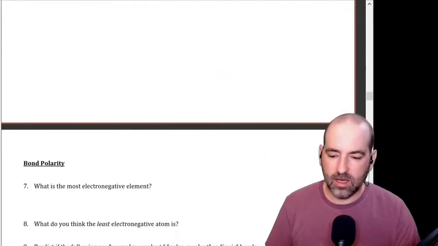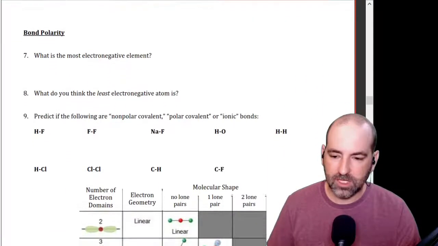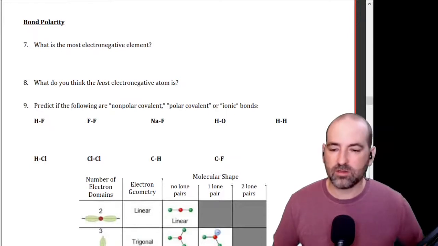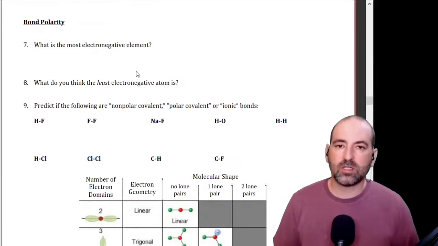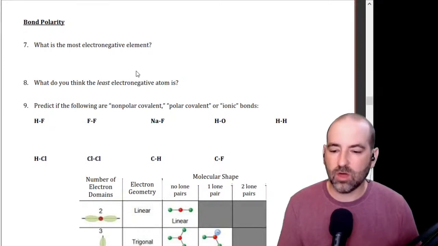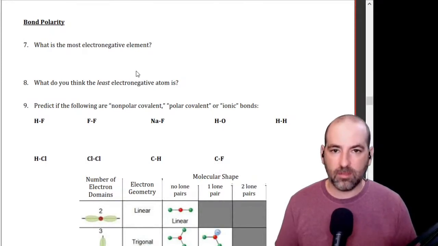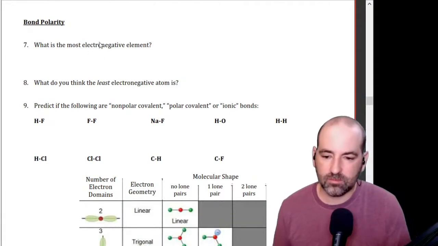There's a quantity that elements have called electronegativity, which is a measure of how strongly that atom can attract electrons in a covalent bond.